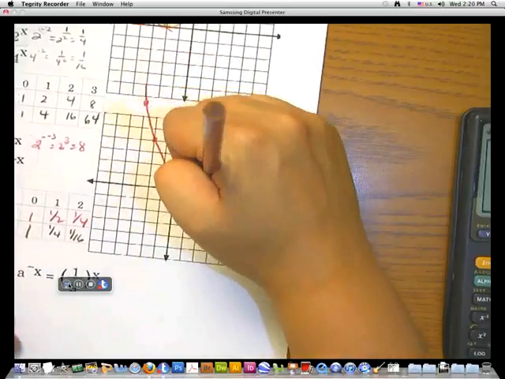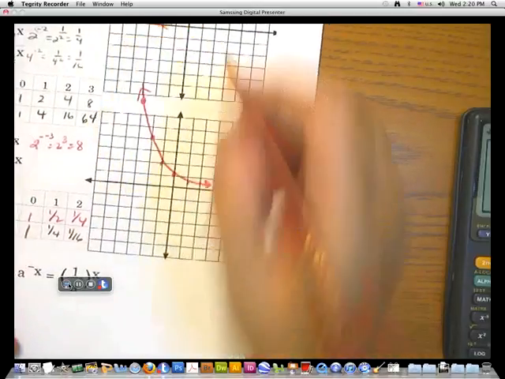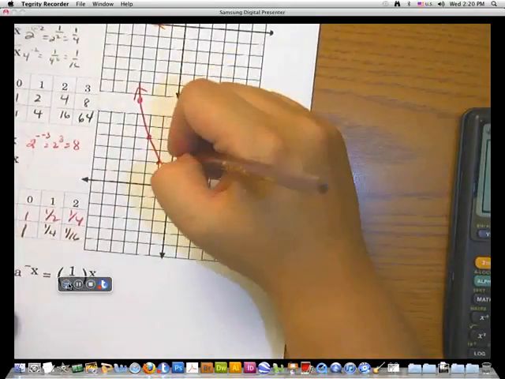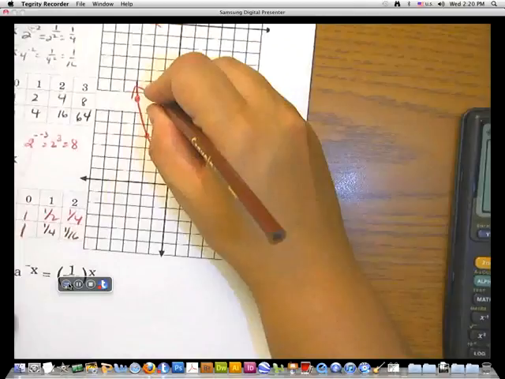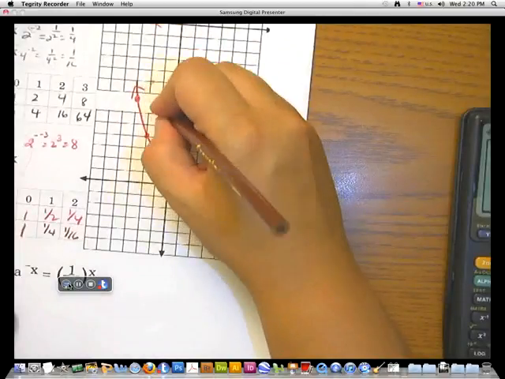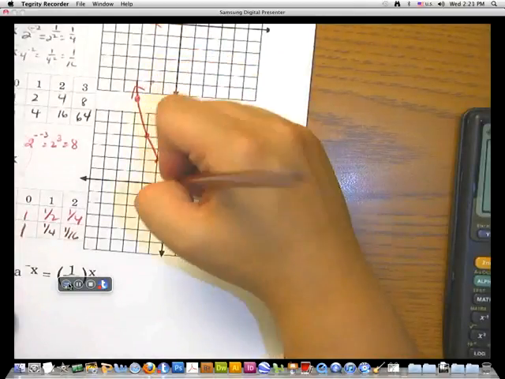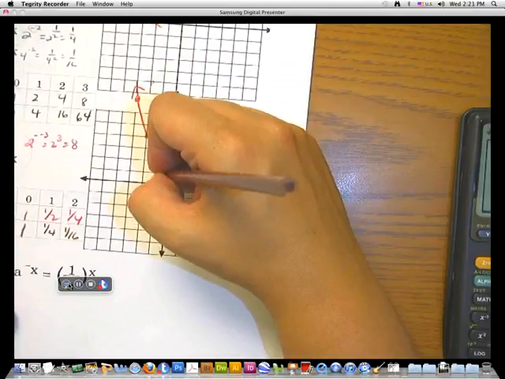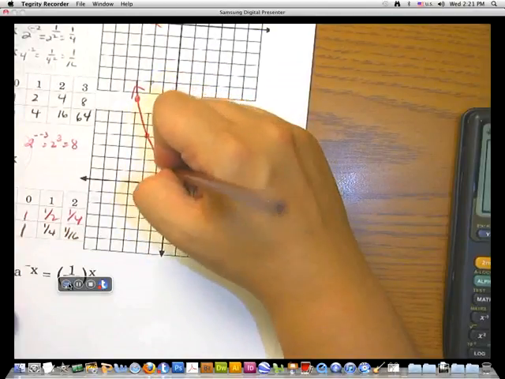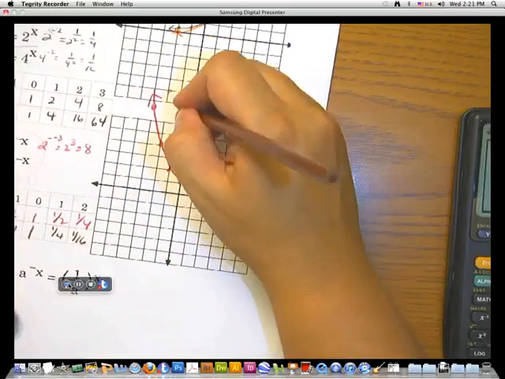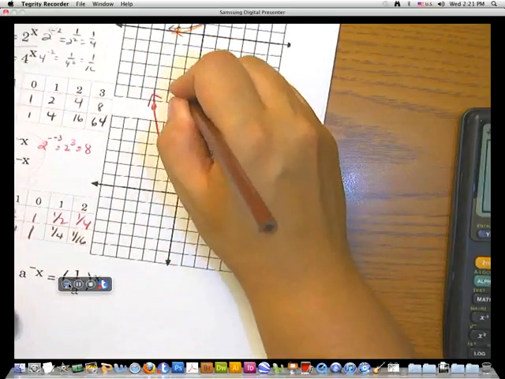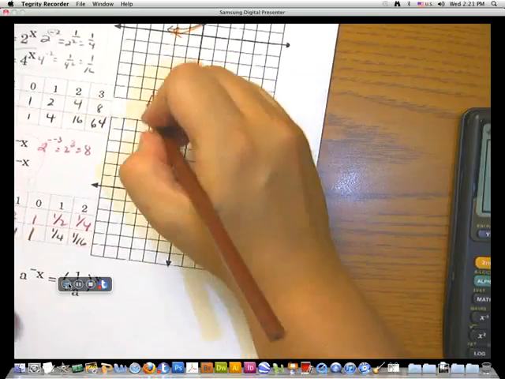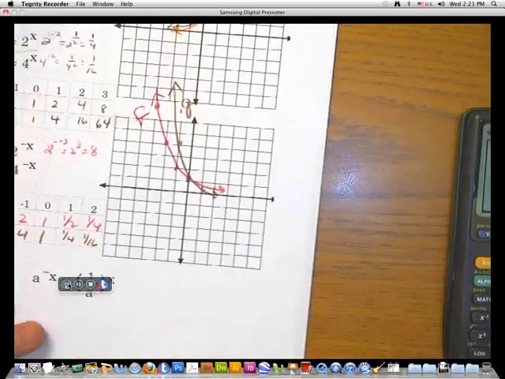Okay, so notice that one decreases with the negative exponent. And then notice this one decreases just quicker. Your G equation and your F equation.